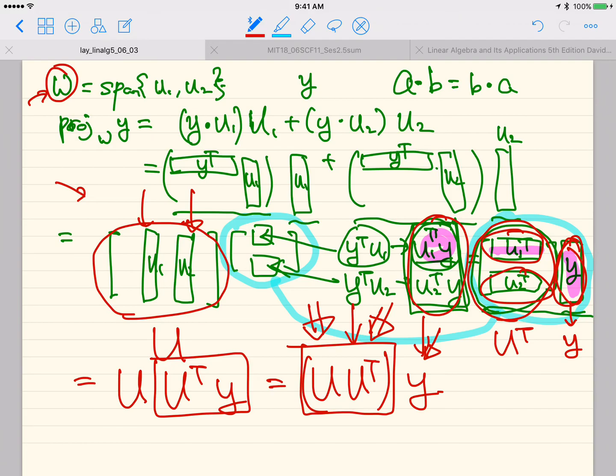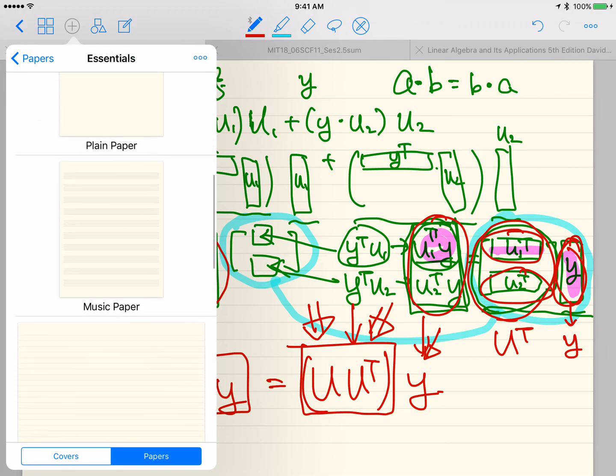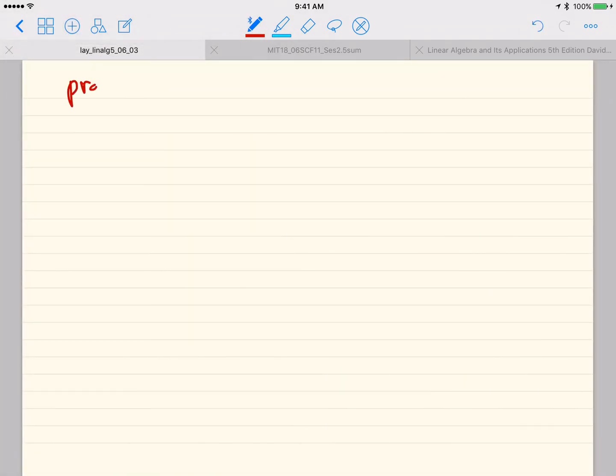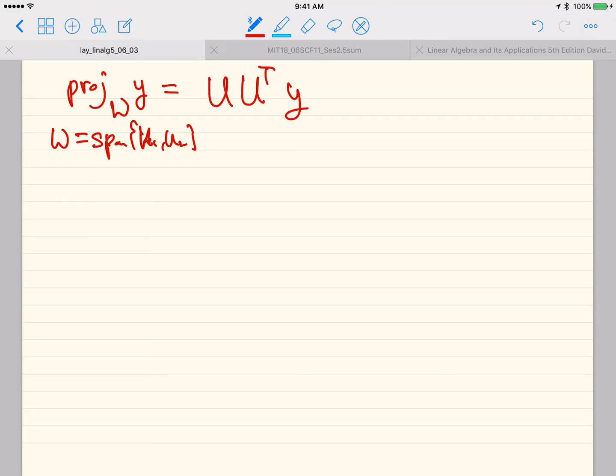Okay, so let's just rewrite this. The projection onto W of y, where W is spanned by U1 and U2, becomes U U transpose y. Let's view this as a linear function f, where the input is vector y.